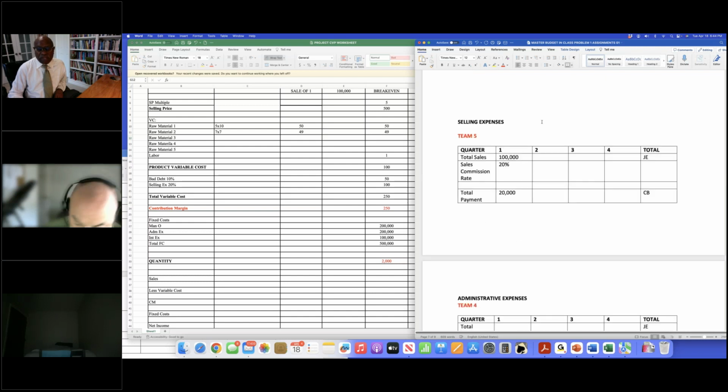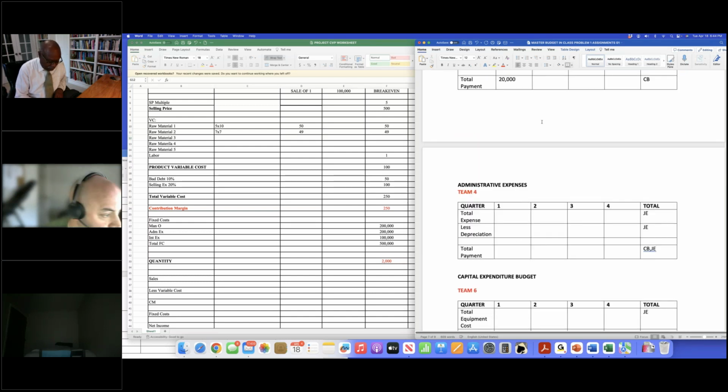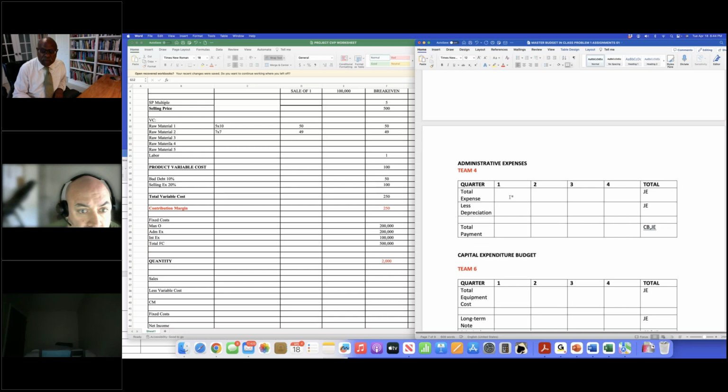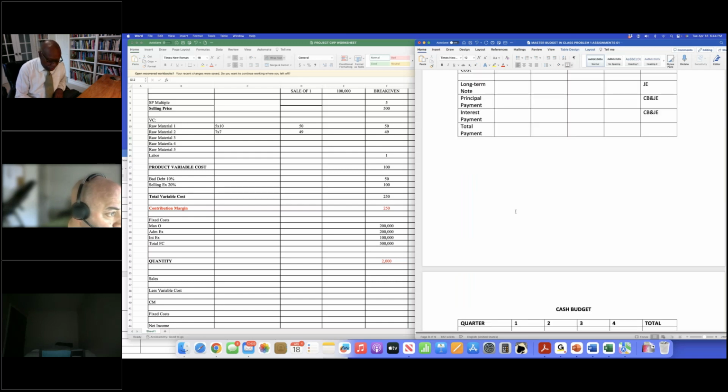So we put 50,000 here, 10,000 is depreciation. So our total payment is 40,000. That 40,000 is going to come in here as administrative expense.